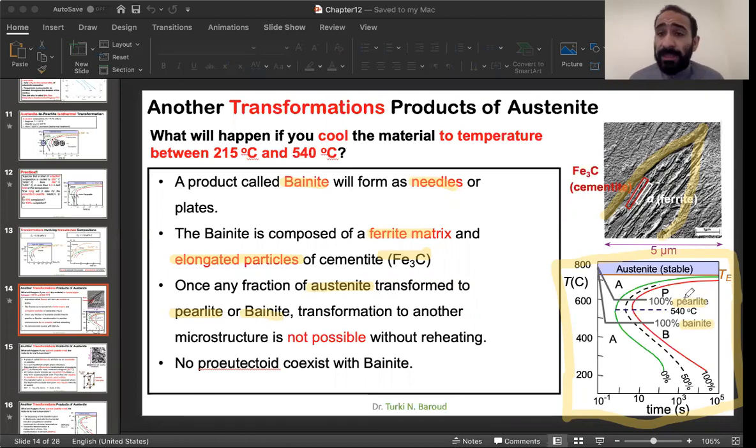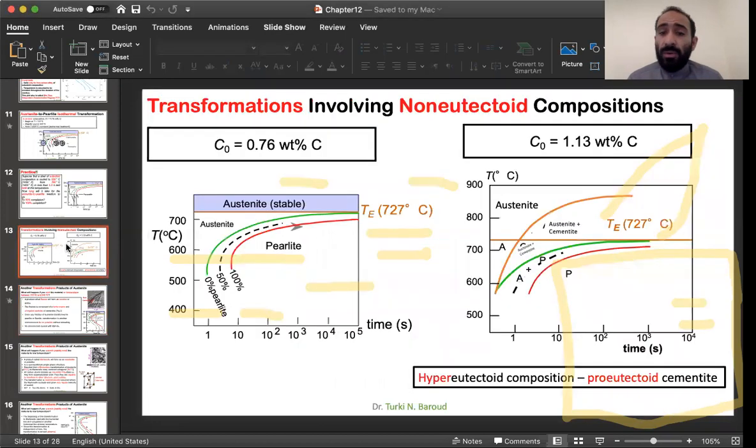Wonderful. Now I would like to bring to your attention that in perlite, we said that we might have pro-eutectoid phases, right? Similar to here, we said that you can get pro-eutectoid phases. Here you have austenite and cementite, and we said the final product is that part of the austenite transformed to cementite, and the remaining transforms to perlite. So the final product here is perlite plus pro-eutectoid cementite.